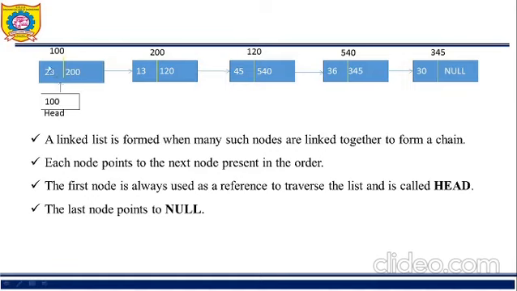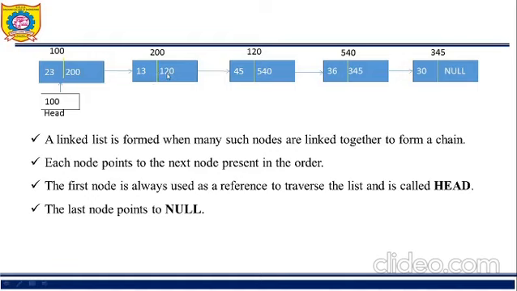Now, if you refer to this first node, which contains 23, and want to jump to the second node, you look at the next part of this node, which gives you the address of the next element, that is 200. So we jump to location 200, and there you get the data of the second node. If you want to jump to the next node in the list, the address is again given in the next part of this node, that is 120.